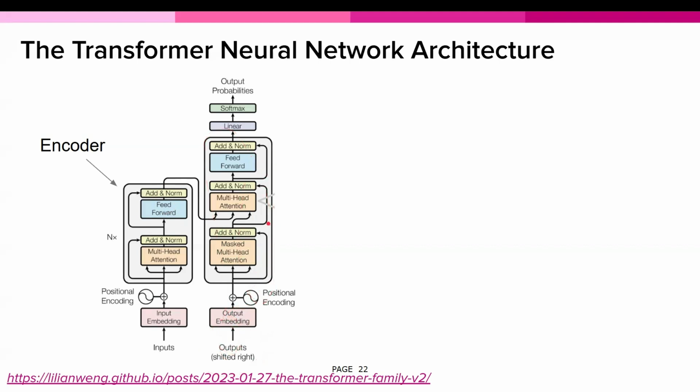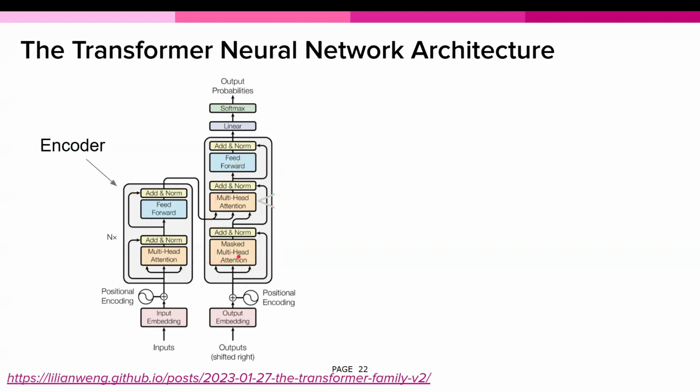It does this by predicting just one word at a time. It predicts the first word, then it predicts the second word based on the first, and then it predicts the third word based on the first two, and so on and so forth. And so what we can see is that the decoder architecture is similar to that of the encoder.